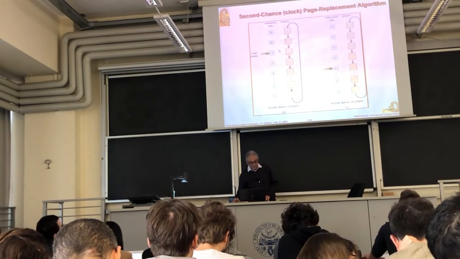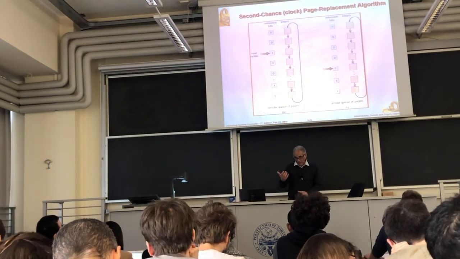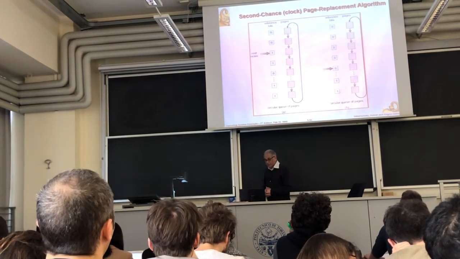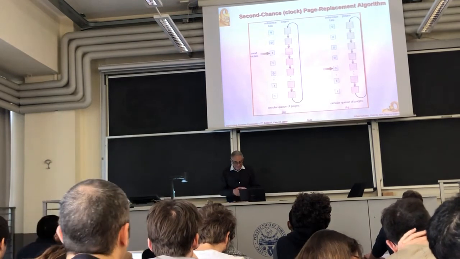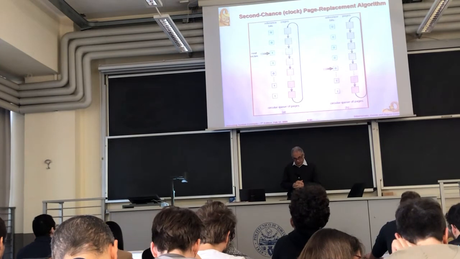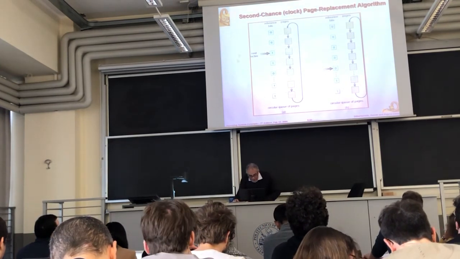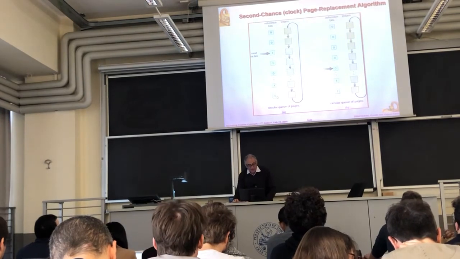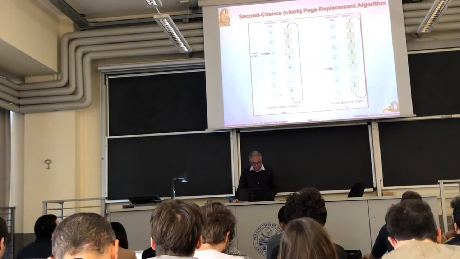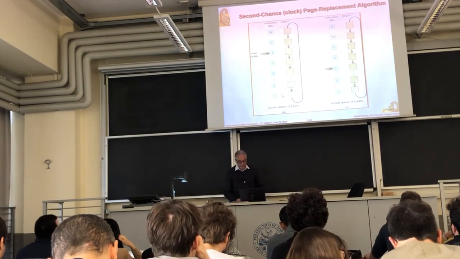So if a page has been referred, we give it a second chance to stay in memory. And this is a way of approximating the least recently used algorithm. Because maybe this is the page that has been recently referred.